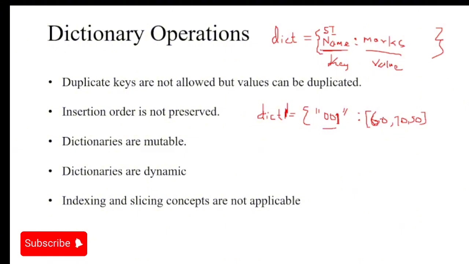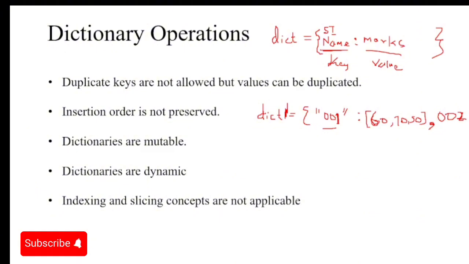This is my first student ID. Again, I can have another student ID. So I have a comma, and then I have another student ID, 002, colon, and then the student marks.